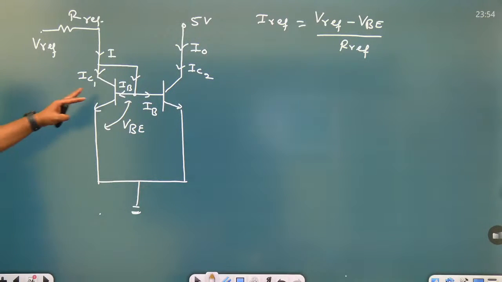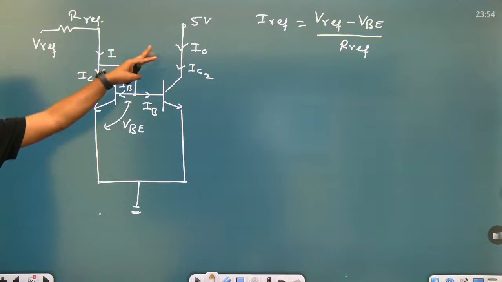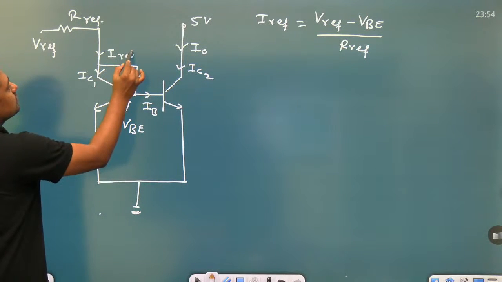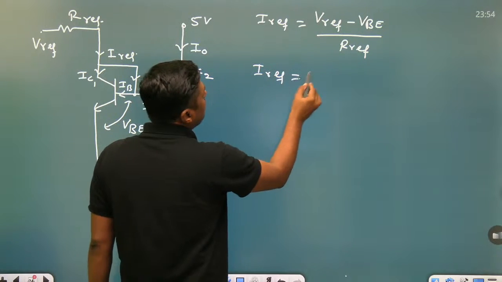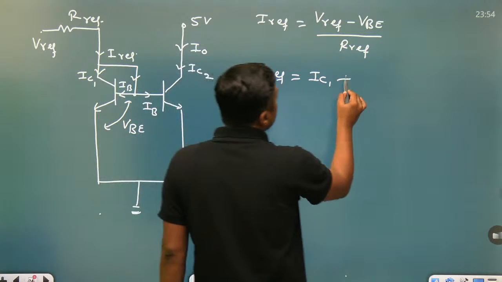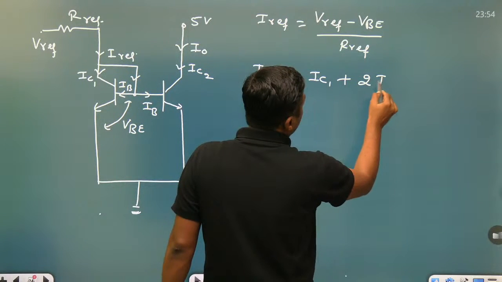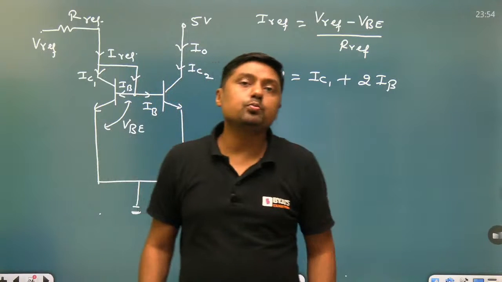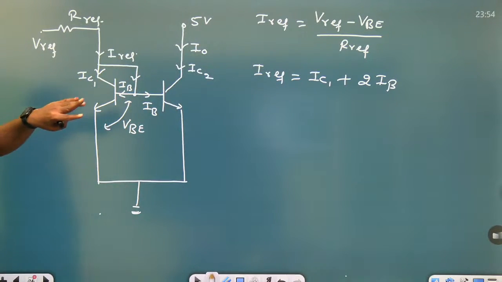Beta is equal, base currents are equal, and that's why the collector currents are also equal. IC2 is equal to I0. Now this I reference is divided into two parts. I reference is equal to IC1 plus 2IB. Why 2IB? Because both the transistors are equal. This is the current through this branch.